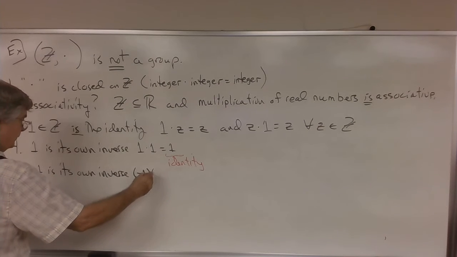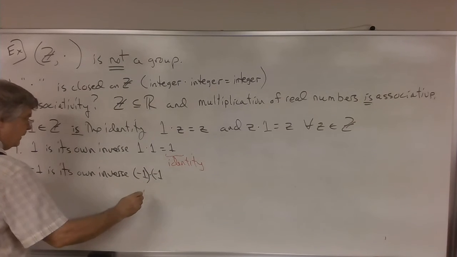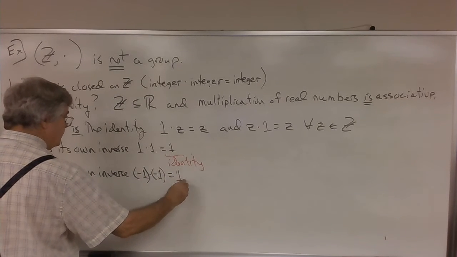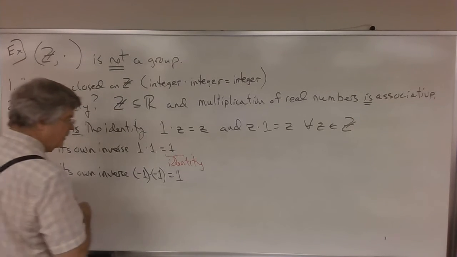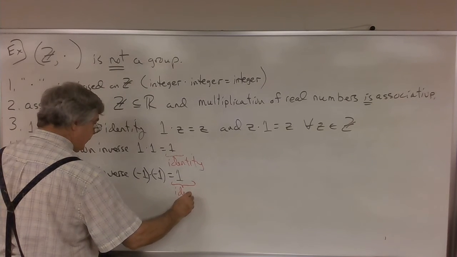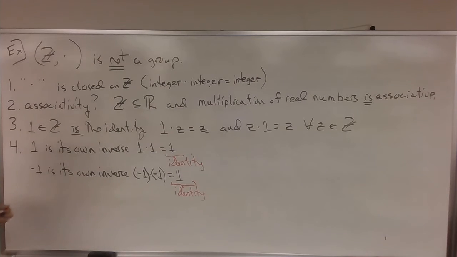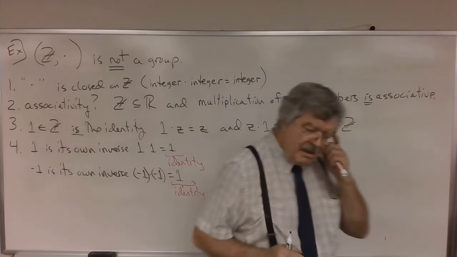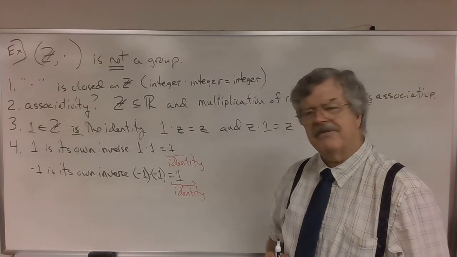Negative 1 times negative 1 equals 1, which is the identity. And that's where it stops. No other integer has a multiplicative inverse.